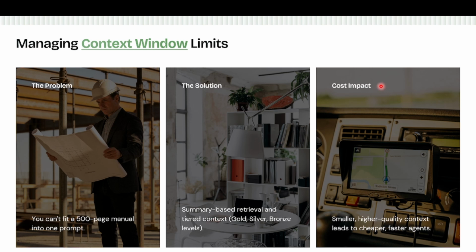Okay, then we have cost impact. Smaller, higher quality content leads to a cheaper, faster agent. So if you implement medallion architecture for a RAG database design, you'll be minimizing cost and maximizing output. Why? The LLM will not use a large number of tokens to retrieve from the gold layer.